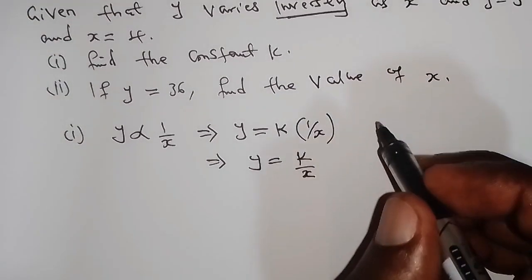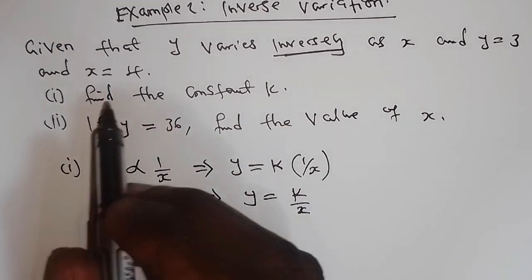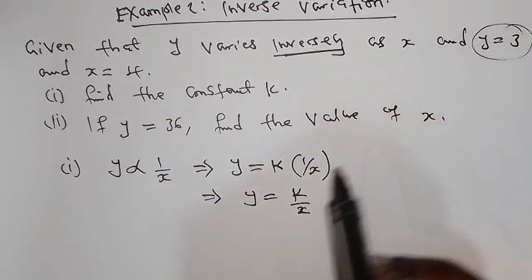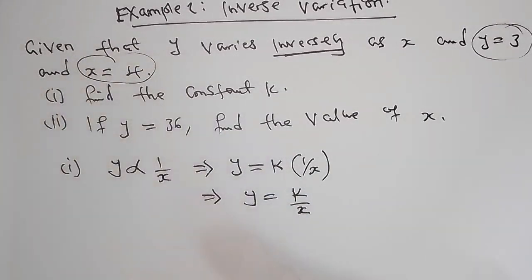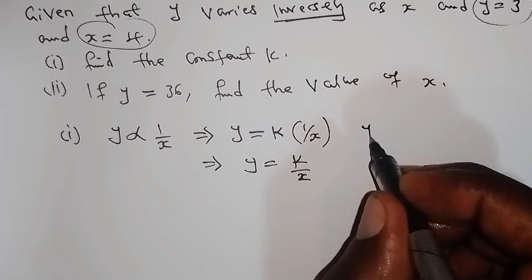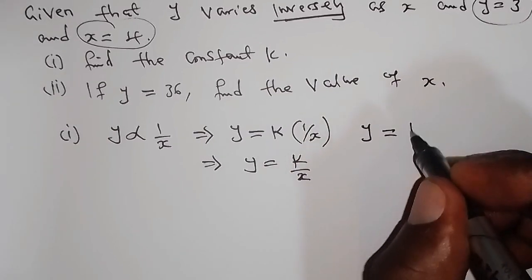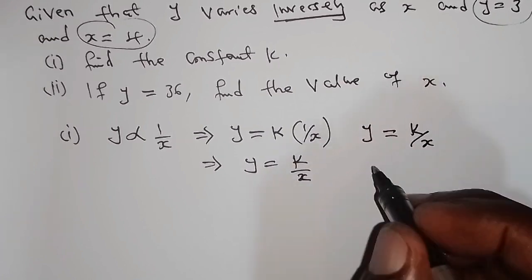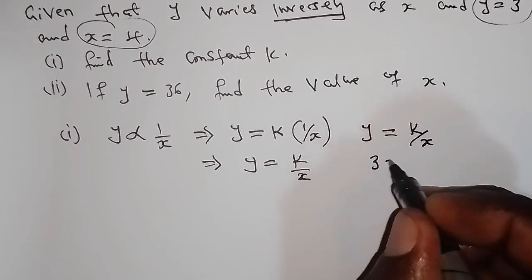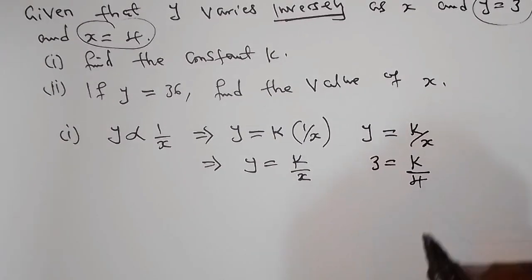So from there we know that the value of y is 3 and the value of x is 4. So y is equal to k over x, y is 3, our k is what we're looking for, and x is 4.